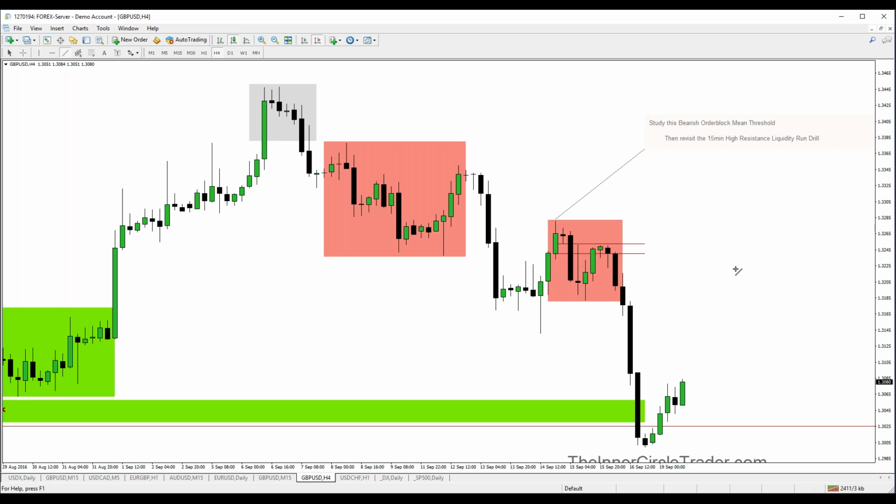You'll see a high, the market will create a high, and then it'll create a higher high, so it runs out an old short-term high.